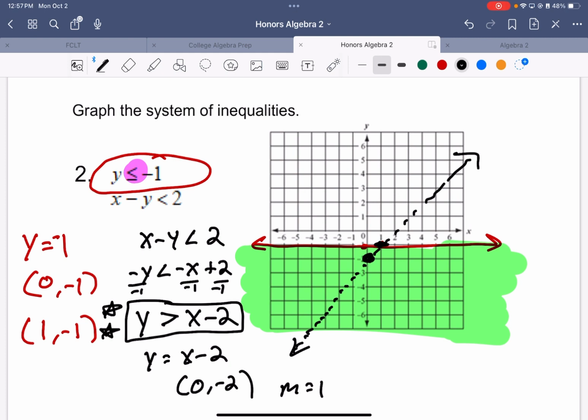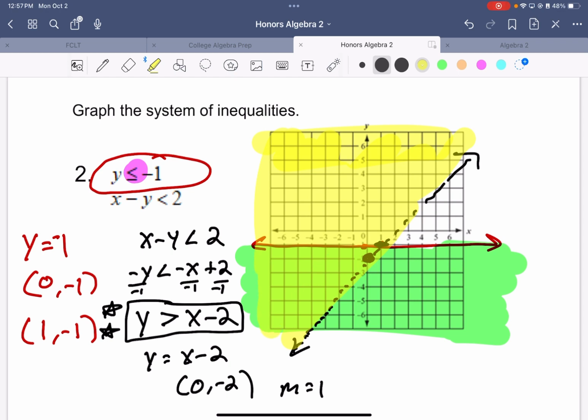So y is greater than. So it's going to be all the areas above the line. Your solutions then are the ones that have been shaded twice.